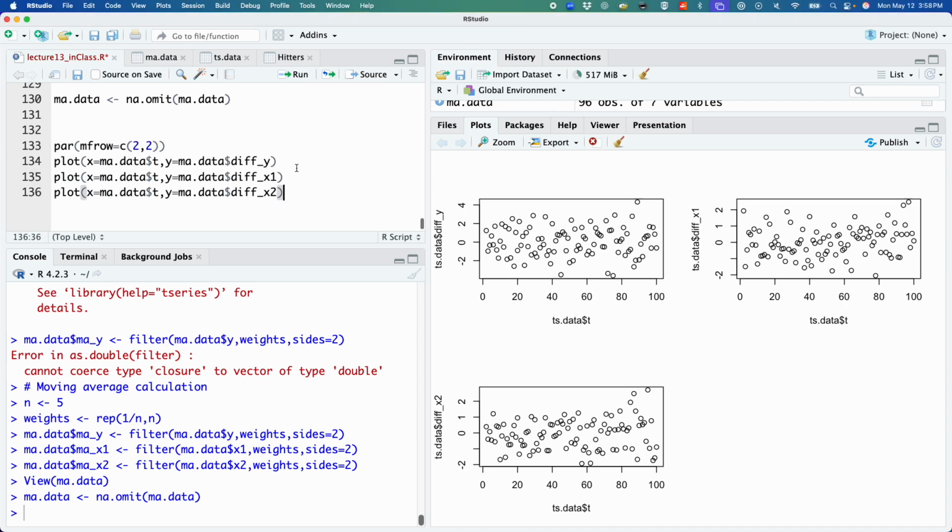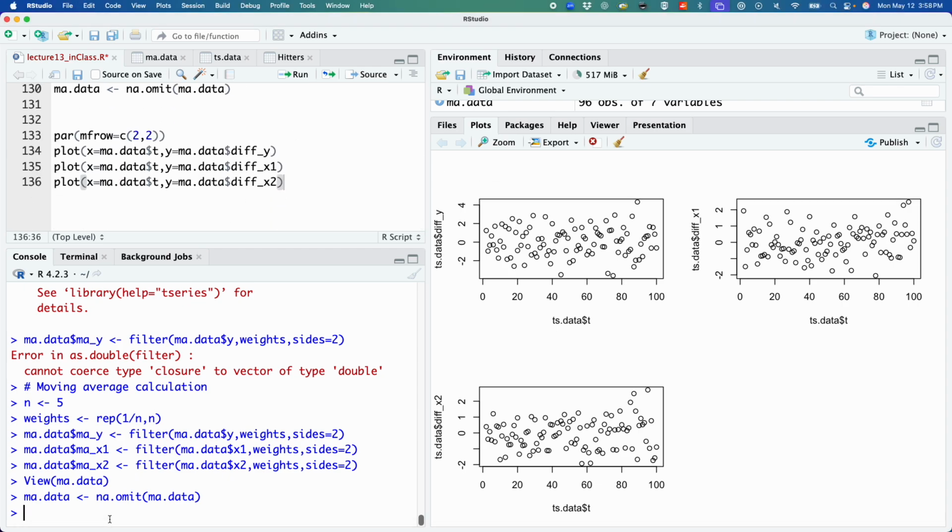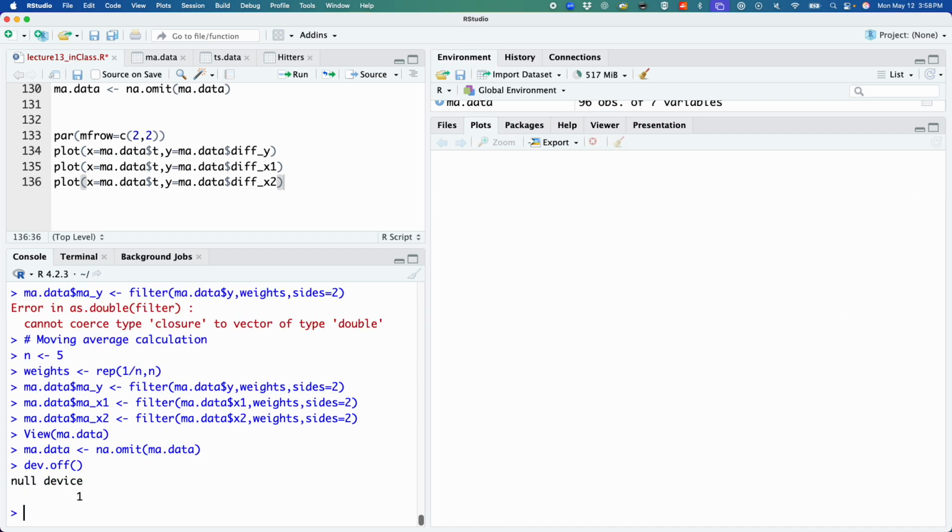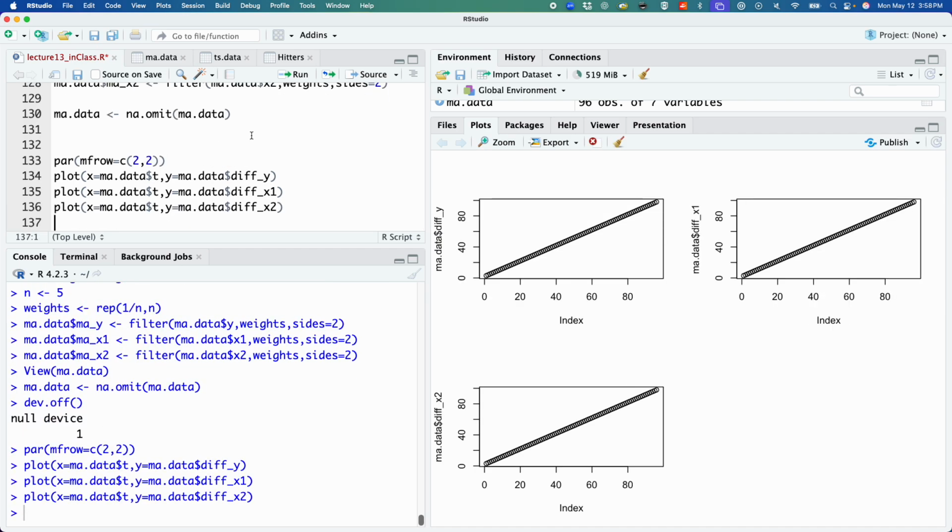And I can plot this data as well, just so you guys can see what that looks like. So here, it's been smoothed out, so it ends up just looking like this trend line.